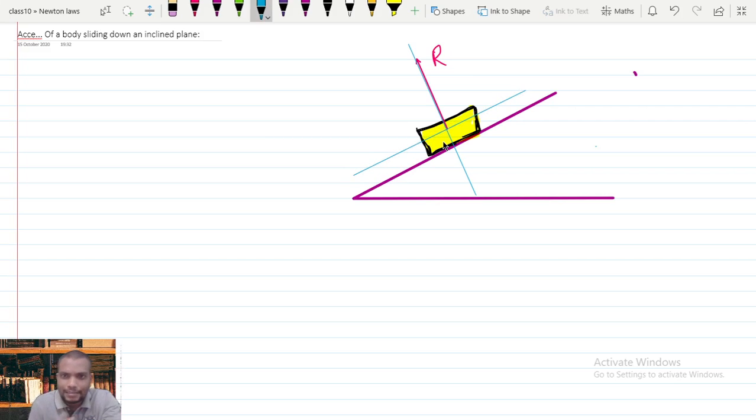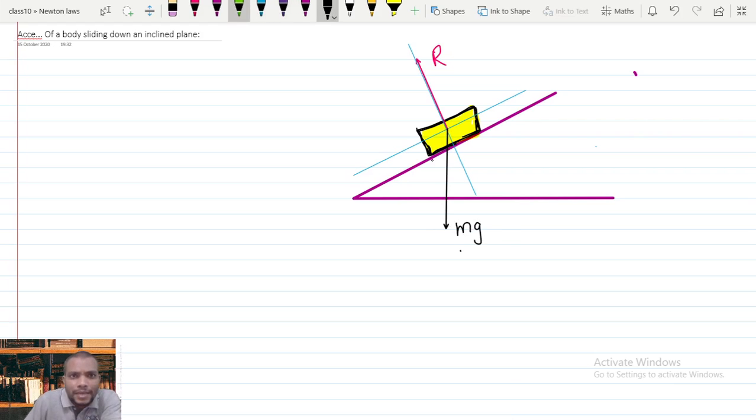The normal reaction force R always acts perpendicular to the surface, and a very important force is mg, the weight, which acts downwards.